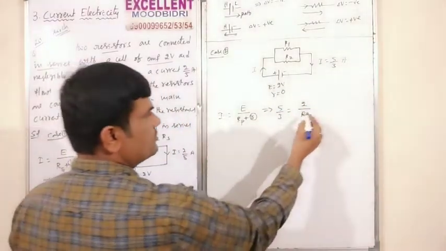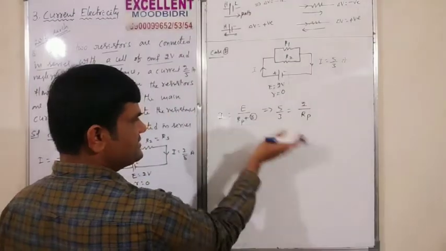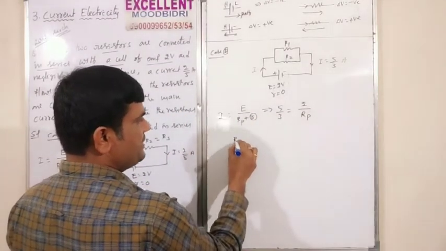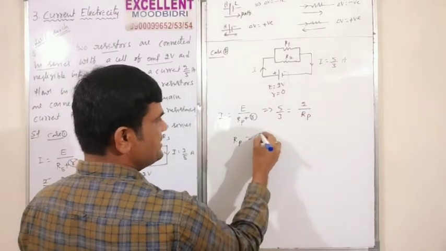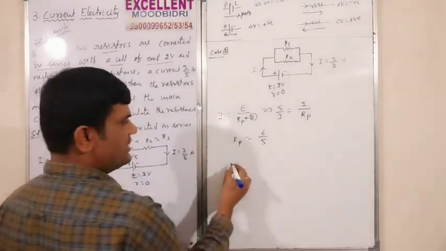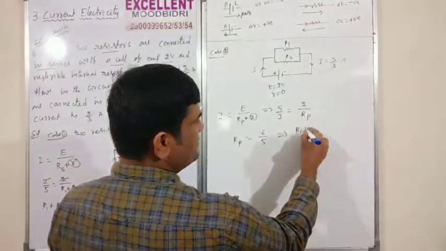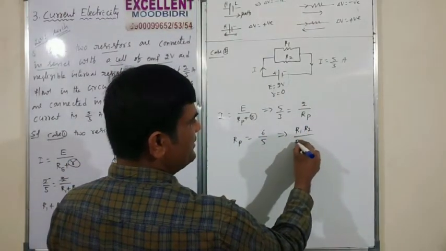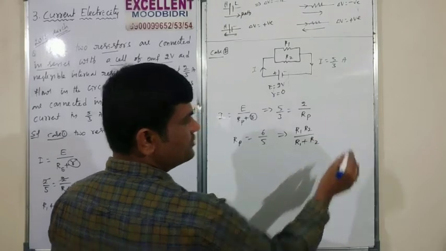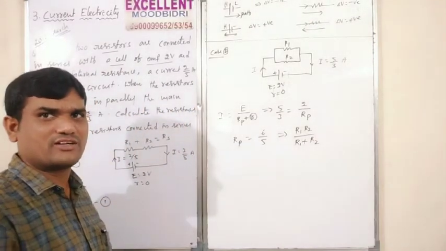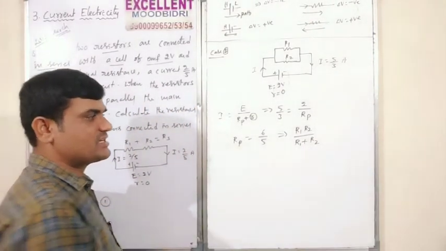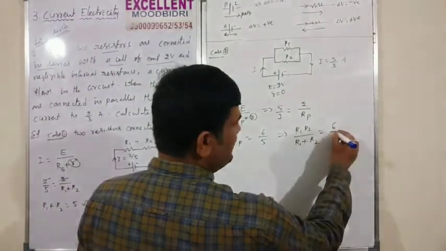So we can write Rp is equal to 2 into 3 by 5, that is 6 by 5. What is the general formula for Rp? Rp is R1 R2 divided by R1 plus R2, only 2 resistors will be there. So R1 R2 divided by R1 plus R2 is equal to 6 by 5.